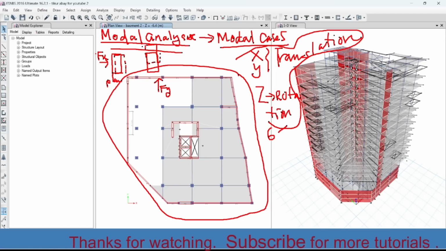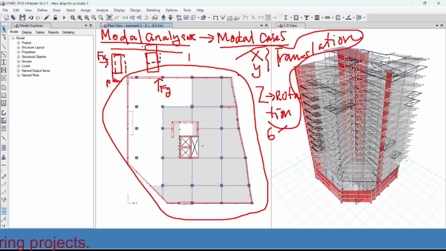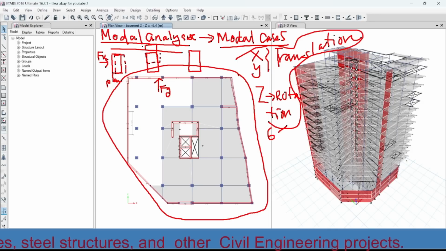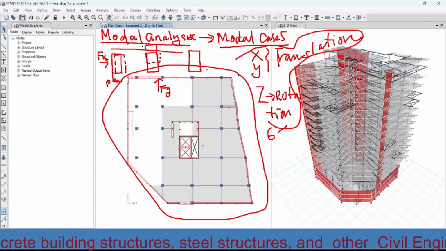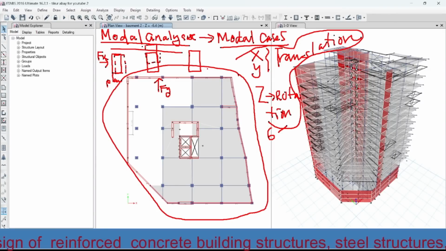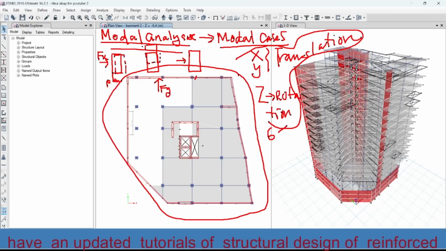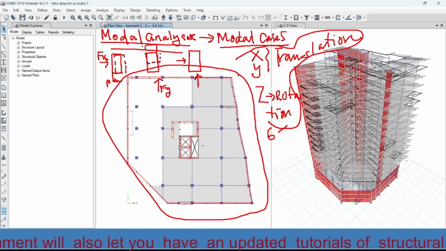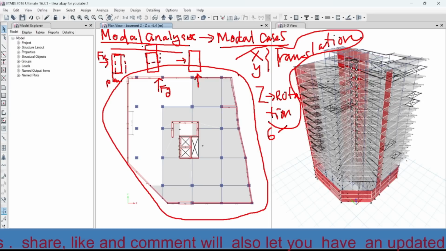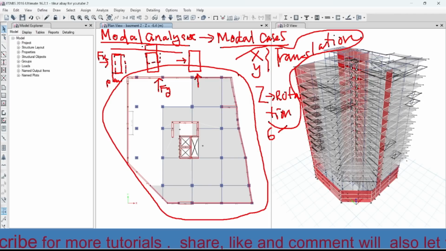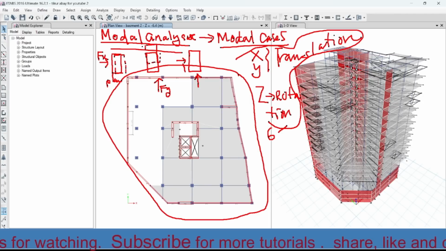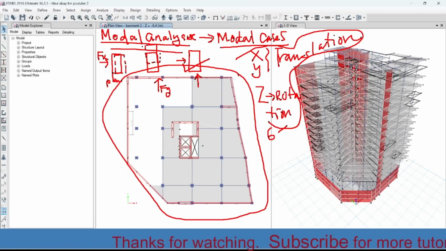And if we apply the load in X or in Y direction, the building will also undergo rotation, that is, the torsional behavior. Meaning, if we apply load in this direction, our building will tilt in this direction. For example, it may be moving in this way.